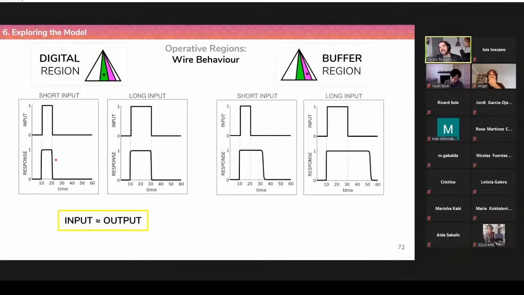Whereas if I place a culture in the buffer region in pink, it changes a little bit. We see that the time that it takes for the receptor strain to turn off has increased. And okay, we can say that the output duration is greater than the input duration if our cultures are there.